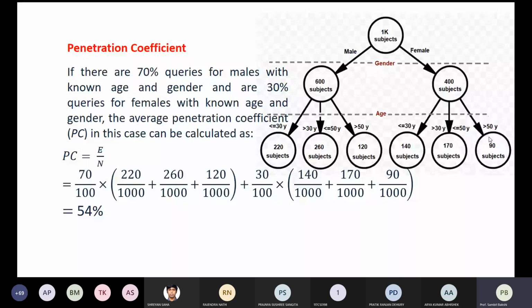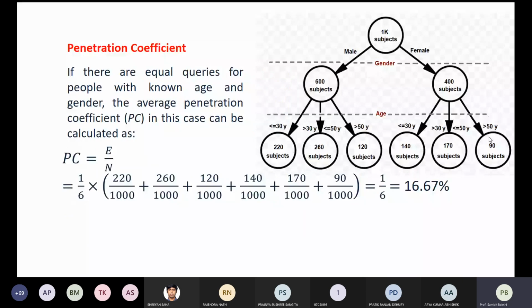Can you realize that? Is it clear? Yes, sir. So the value was 16%, and now it has gone up to 54%. What change has happened from here to here? Only the number of queries is disbalanced.